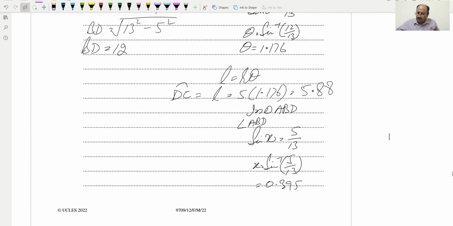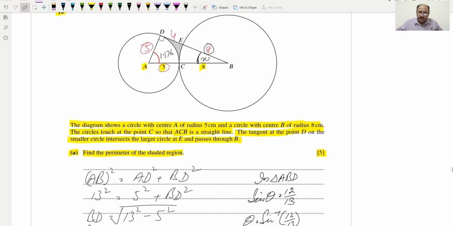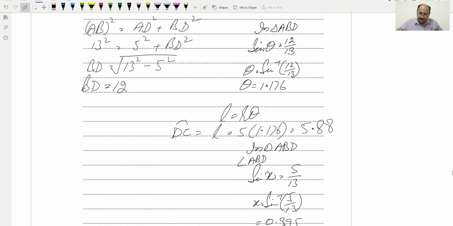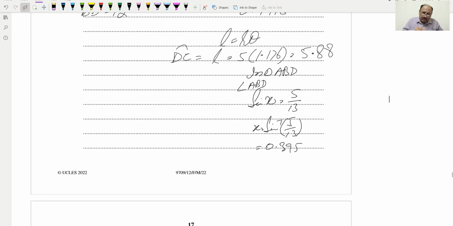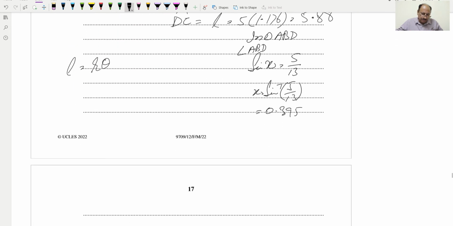And after finding this angle X, now we can find the arc length EC. So length of arc L is equal to R theta, and this is EC.